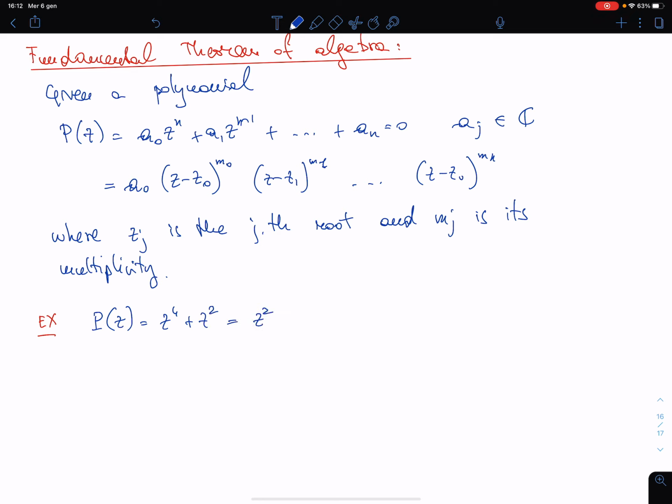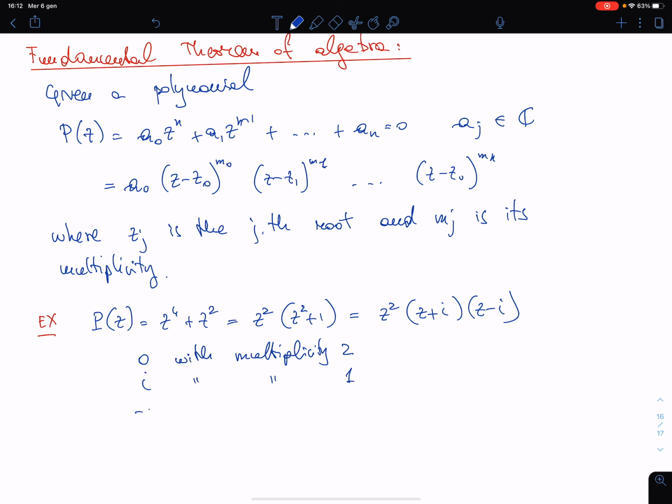This is Z square times Z square plus 1, and here you have to stop, but now you can write Z square, Z plus I, Z minus I. So 0 with multiplicity 2 is a root, I with multiplicity 1, and minus I with multiplicity 1.